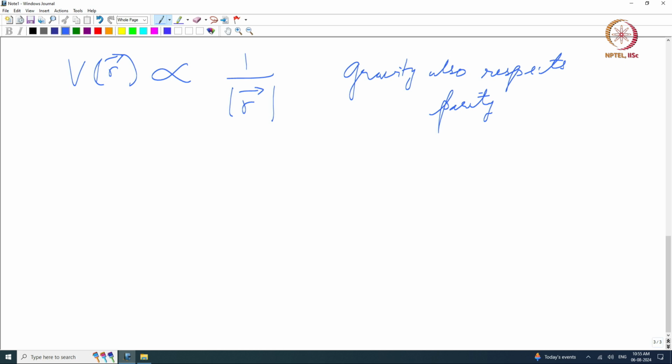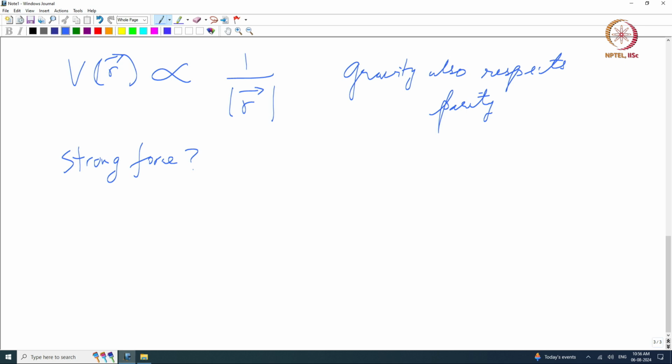Good. Now, what about the strong force? What is your guess? We have not learned anything about the strong force so far, but what do you guess? What is a strong force? It is a sort of a binding force between quarks, between nucleons and so on.